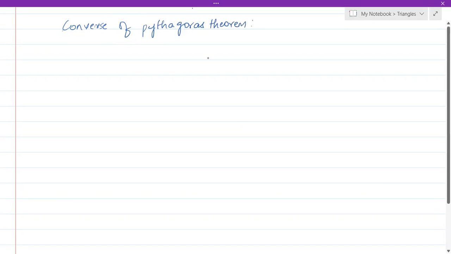So this theorem tells us that suppose we have got a triangle. Okay, let me draw a triangle like this. Let's take it as ABC. And let's say AC is the greatest one compared to all other sides. Let's say AC is the biggest side.